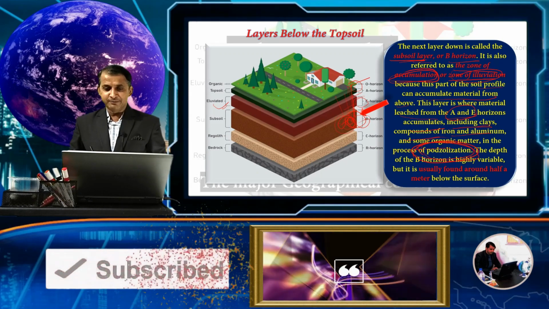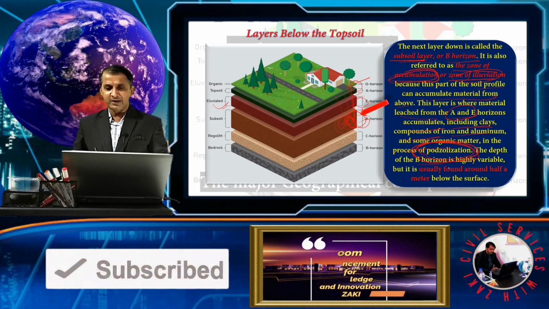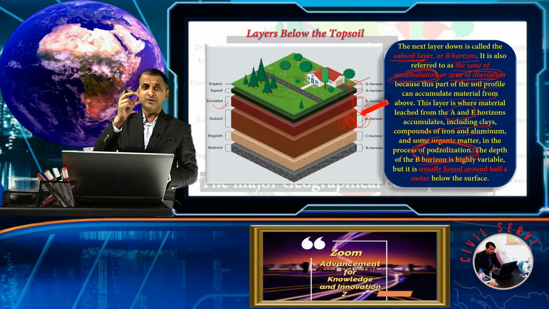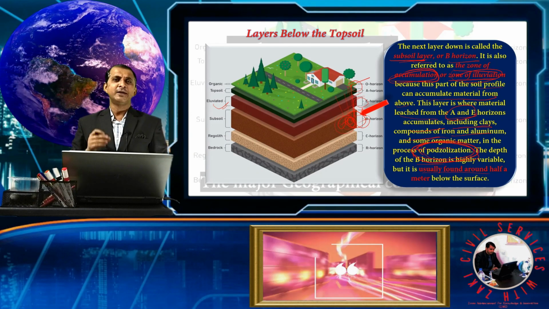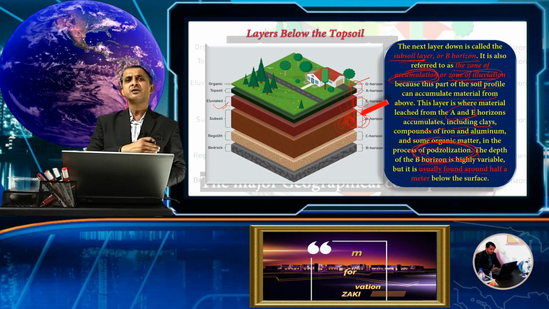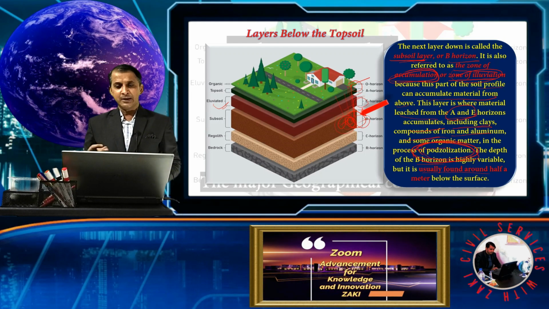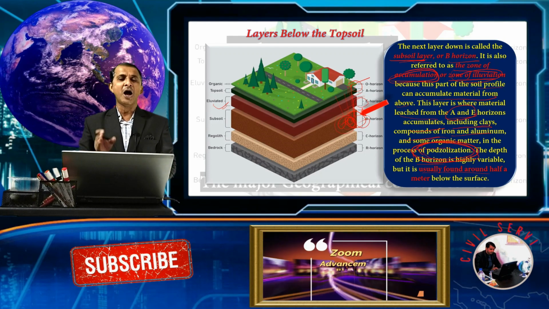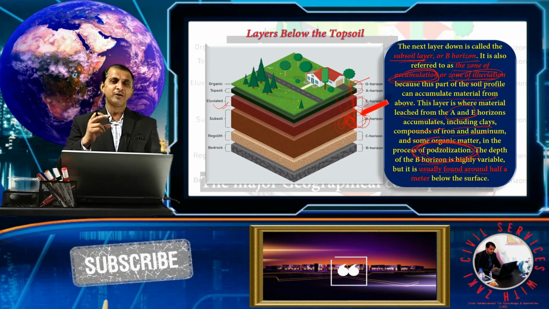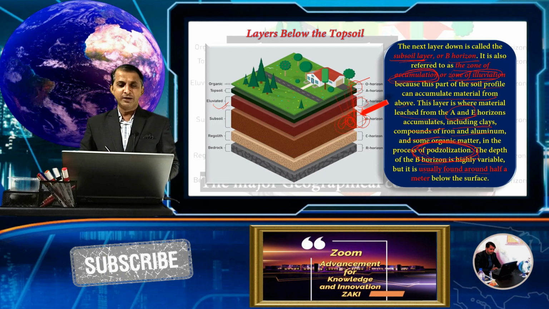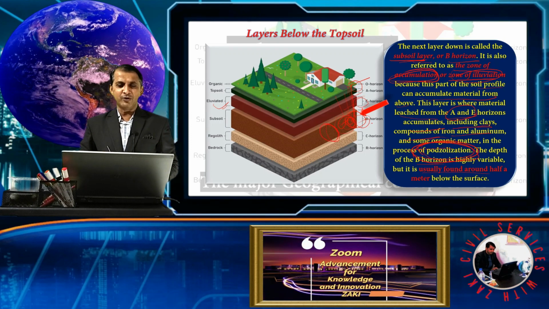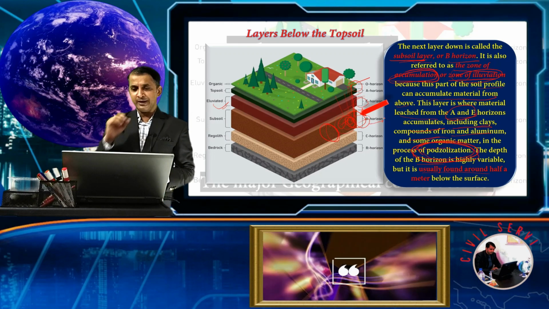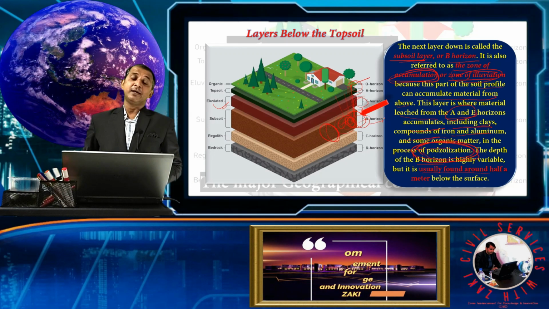The depth of the B horizon is highly variable. If we look at its thickness, it varies with the climatic area, but it is usually around half a meter.